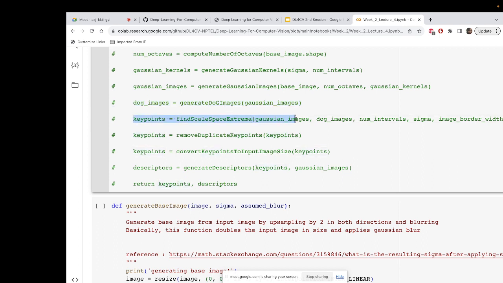Finally, find scale space extrema is the algorithm that you run to get the first interest points. The duplicate key points part eliminates some of the bad key points. Then these two are finally required to generate the descriptors.